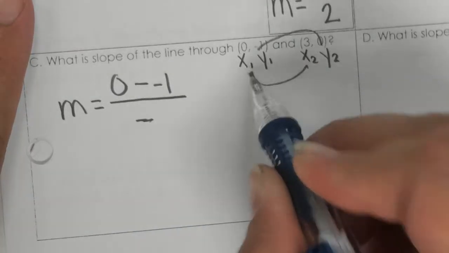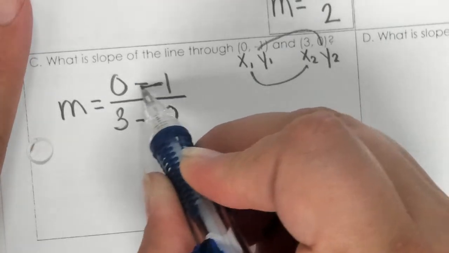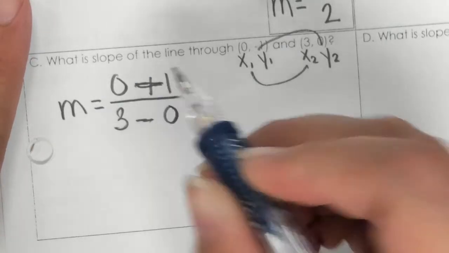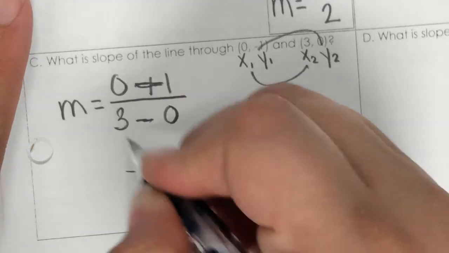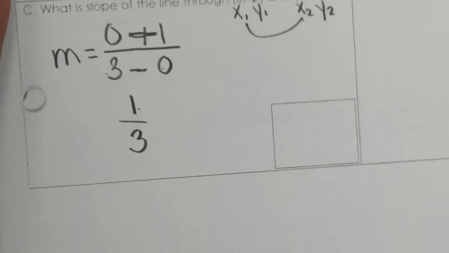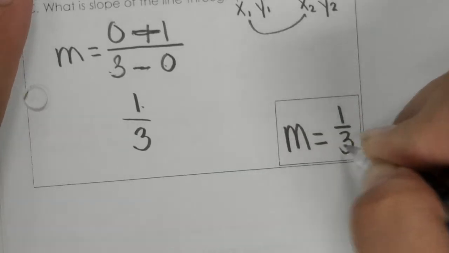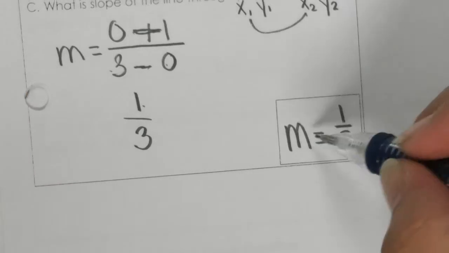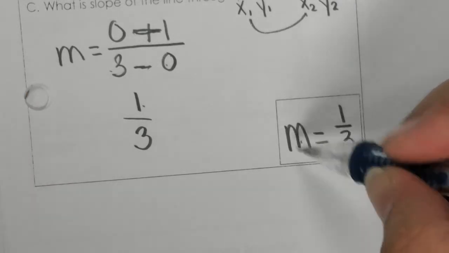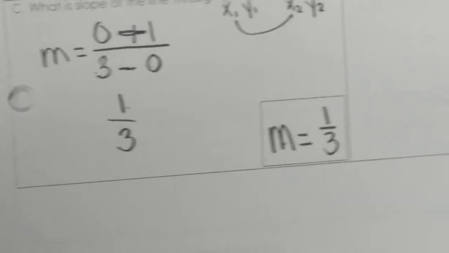And 3 minus 0. So this becomes plus. So that becomes a 1. And 3 minus 0 is 3. 1/3 can't reduce, so I would leave it m equals 1/3. And then I do need to mention that if you see the letter m in algebra, usually this is referring to slope. So m is often used for slope.